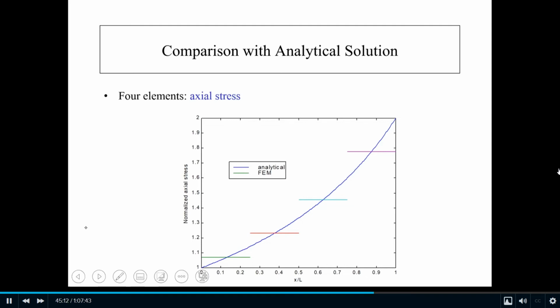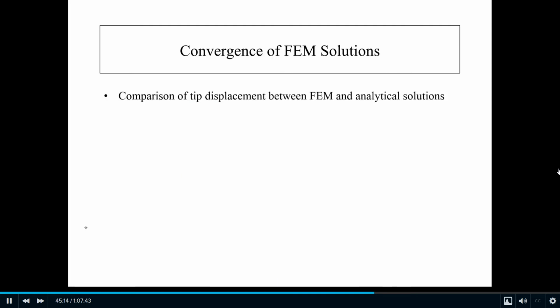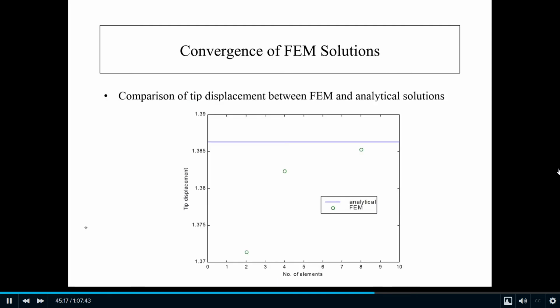Now, if you plot the tip displacement, you want to see convergence, right? You have this, and you want to find the tip displacement. Analytical solution would be like this. And if you use 2 elements, this is the solution for U3. It looks far.